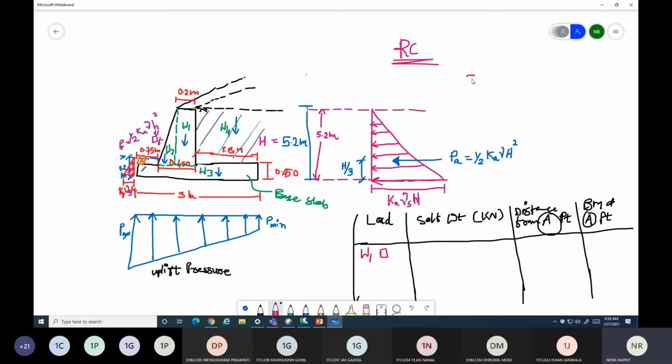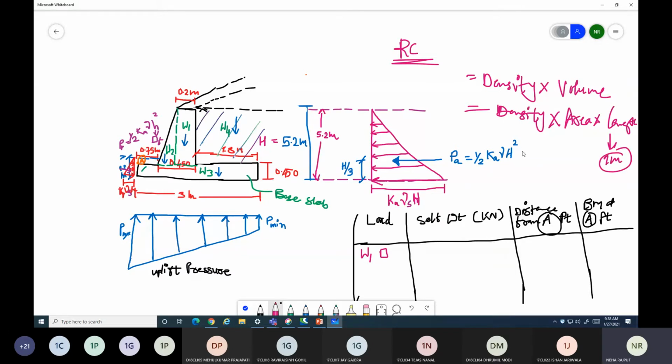So self weight will be density into volume, as you require it in kilonewtons. Now what is volume? Volume is equal to cross section area of element into length of wall. Here this length of wall we will consider as 1 meter. So we only require to multiply 25 density kilonewton per meter cube and cross section area of element.